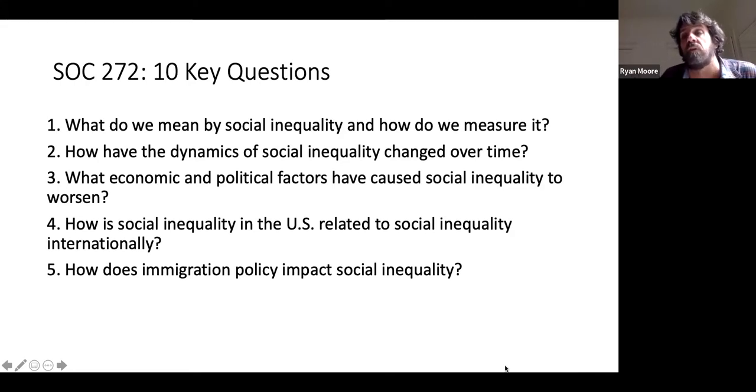are really related, insofar as these are global processes that have caused social inequality to worsen in the United States. There are definitely also political factors particular to the United States, especially the power of the right wing and the Republican Party in particular, and the Democratic Party also going along with these policies that have enriched corporations and the wealthy and the business class at the expense of labor and the working class.